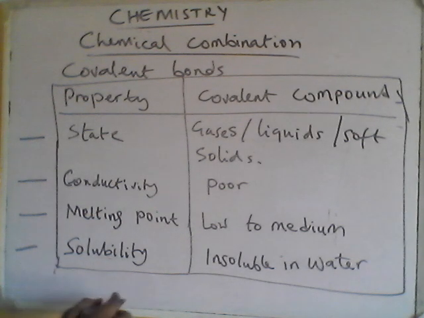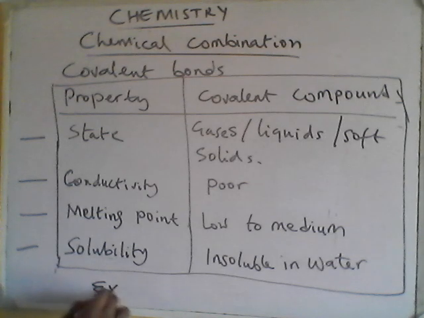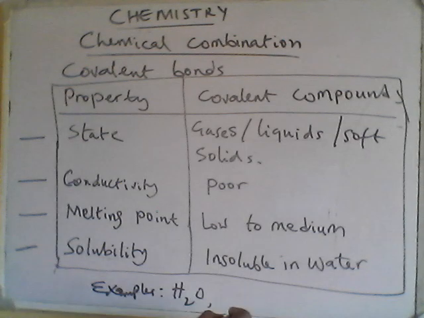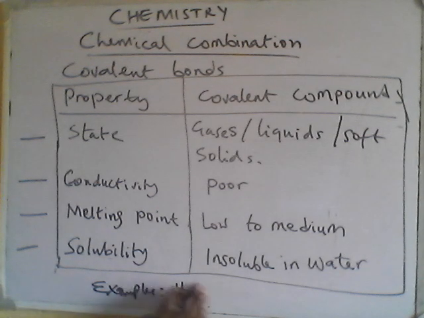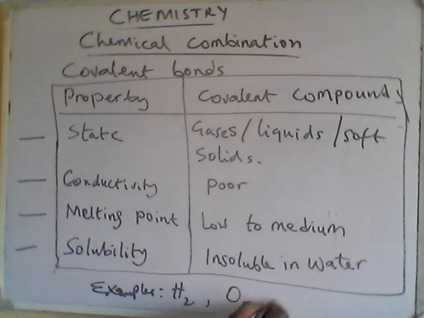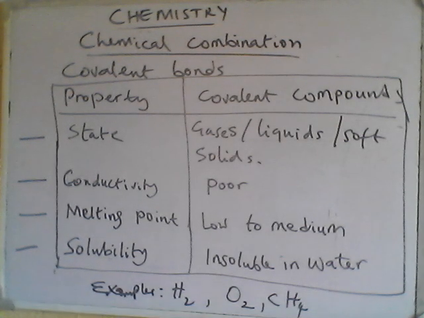Examples of covalent bond are hydrogen, oxygen, methane, and carbon dioxide. So these are examples of covalent bond. You can have single, double, or triple bond.